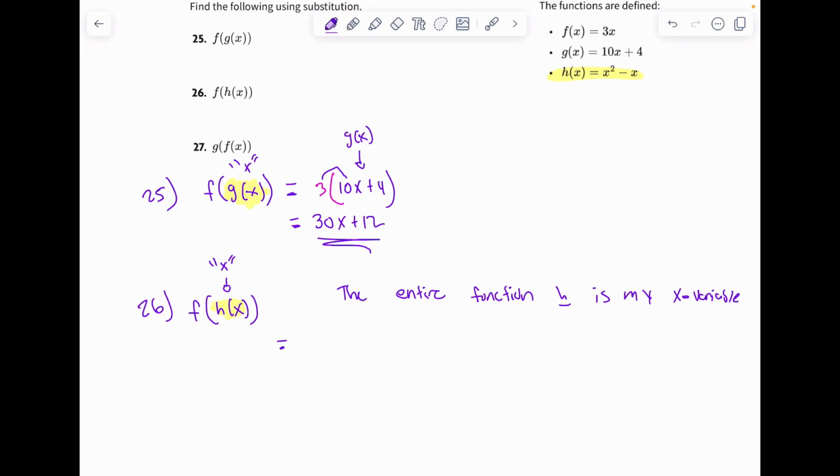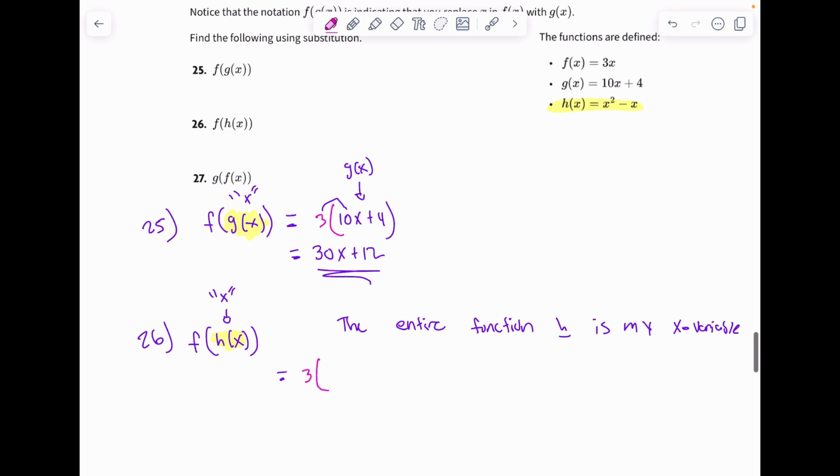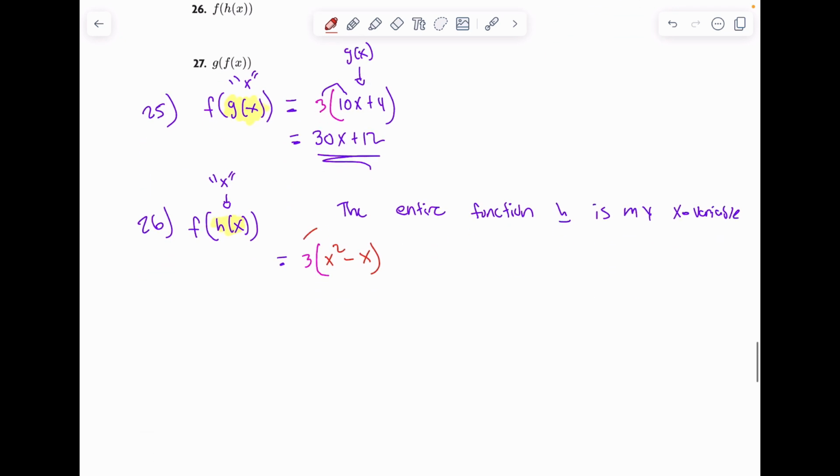So I'm left with 3 times h of x, which is x squared minus x. Now I can distribute this out, and I'm left with 3x squared minus 3x. Very nice. This is my final answer.